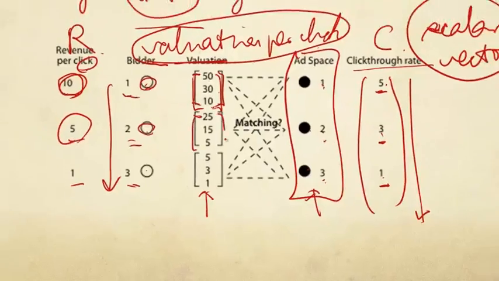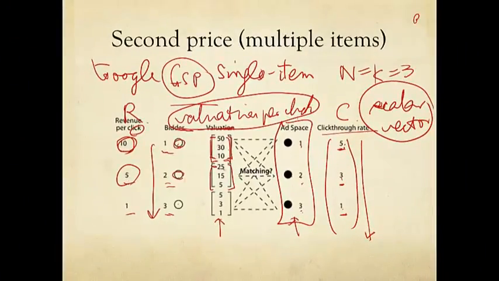We can also view that as a vector of 5 times 5, 25 for the first ad space, 5 times 3, 15 for the second ad space, and 5 times 1, which is 5 for the third ad space. Similarly for the third bidder as well, either a scalar bid 1 or a vector bid of 5, 3, 1 for the 3 ad spaces respectively.